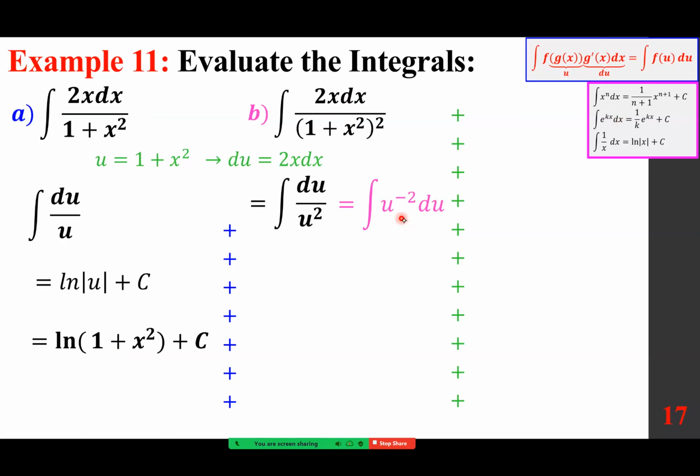We've done this a number of times. So this is 1 over -2 plus 1 u to the power of -2 plus 1 and a constant. As you know, this ends up being -1. 1 over that is -1 u to the power of -1, which is -1 over u. So for this one, -1 over u, which is 1 plus x squared plus a constant.